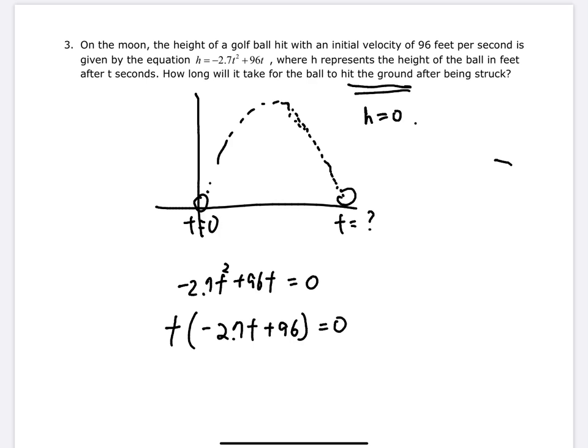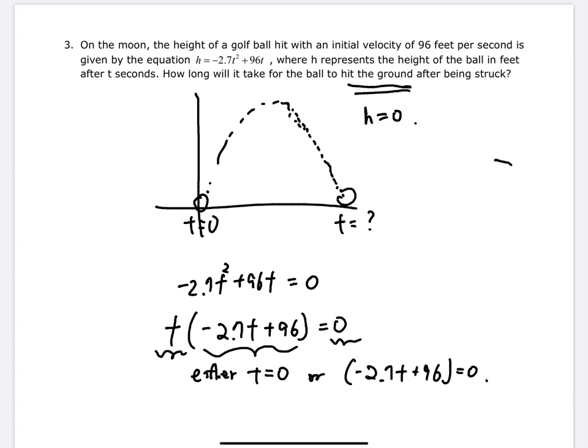Remember, if I have something times something equals 0, that means either t equals 0 or negative 2.7t plus 96 equals 0. Now t equals 0 obviously won't help us, because when t equals 0, you haven't hit the ball yet. So we're going to have to check this one out.